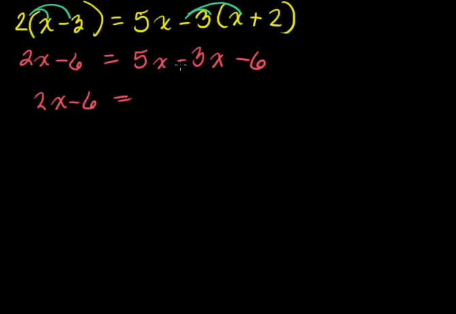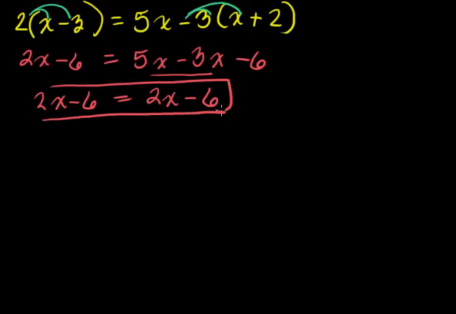These like terms are already near each other, and 5x minus 3x, you can combine like terms, and you get 2x minus 6. Right here, we have the exact same thing on both sides of the equation. So this shows us right here that this is an identity. This is an identity, also called infinitely many solutions.